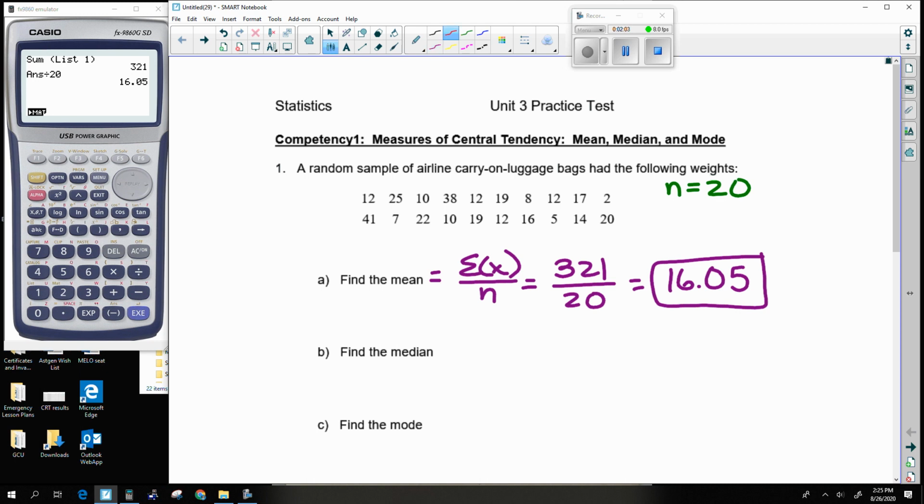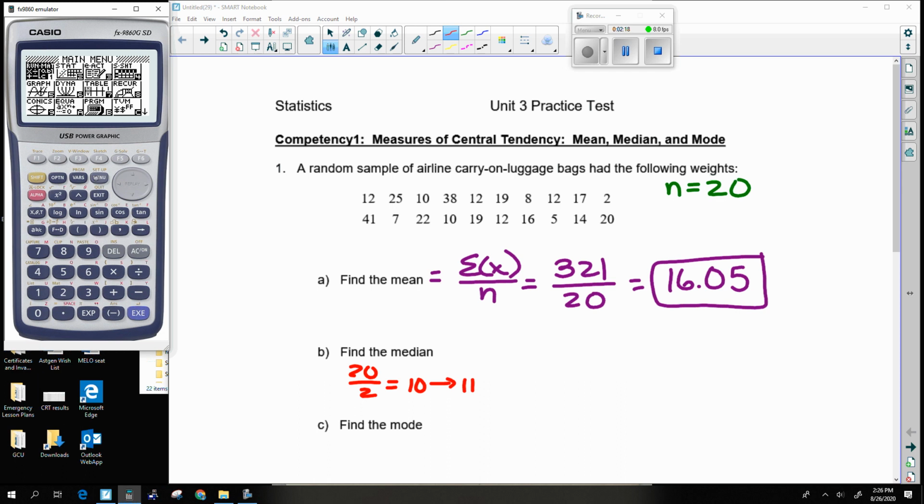Find the median, that is the middle number. So in this situation, I see that there are 20 numbers in this list. Because it's an even number, this situation will be in between the 10th and the 11th number. So again, when I go to my calculator, I'm not just going to scroll down to my 10th and 11th number because these numbers aren't in order.